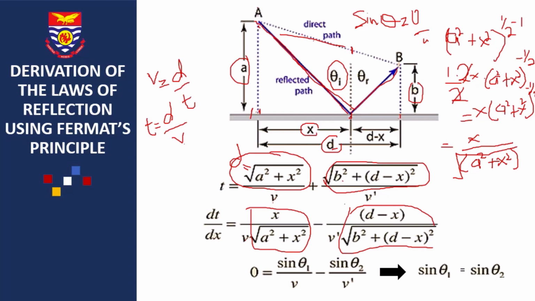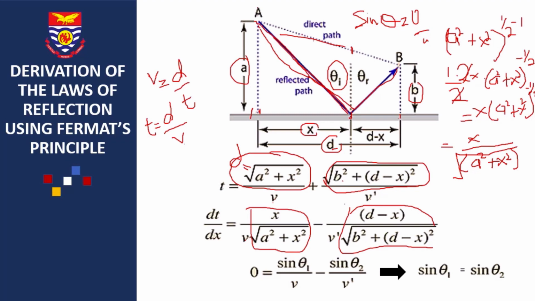And our hypotenuse is what we just calculated for, and is going to be our denominator here, right? Because this part from Pythagoras theorem is what? The square root of a squared and x squared.